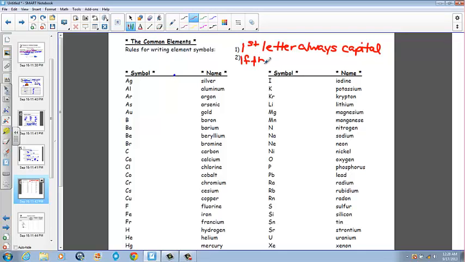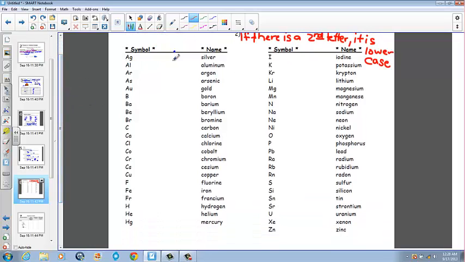So if there is a second letter, then it is lowercase. Let's just look at a few here. We have the symbol for silver, Ag.